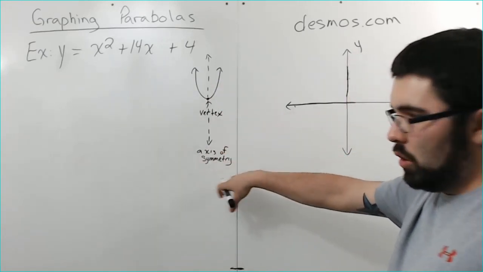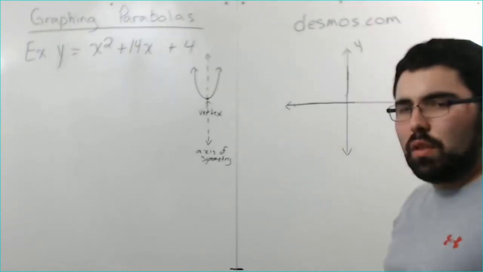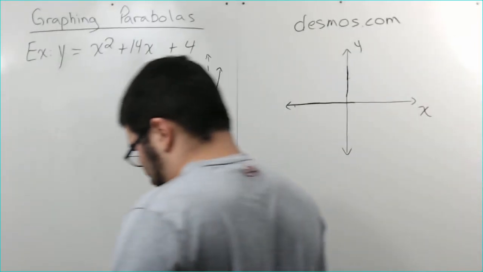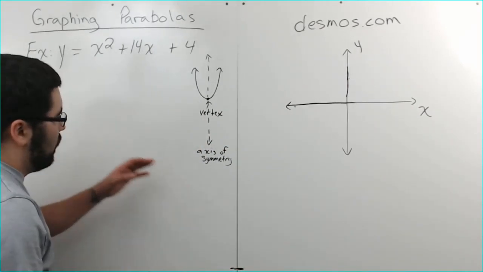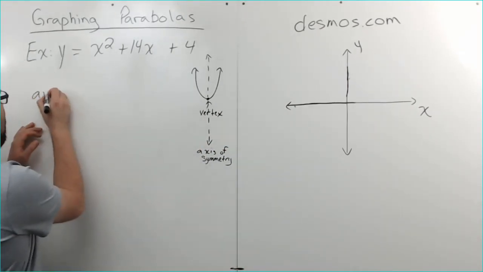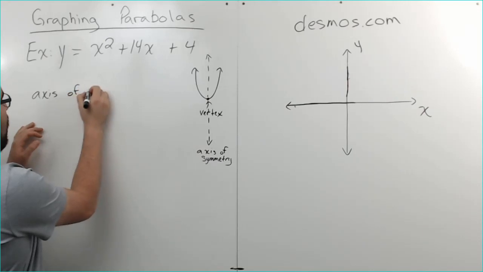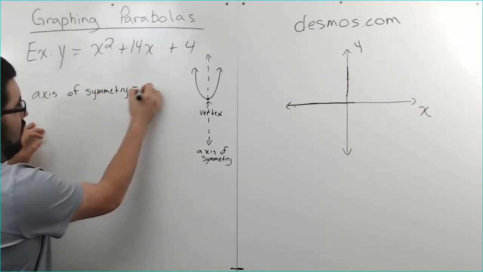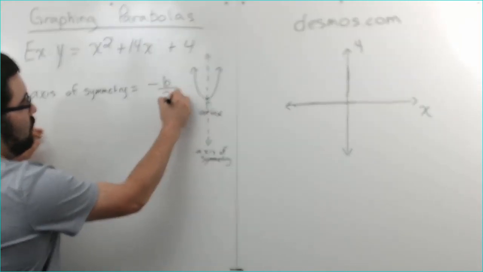This axis of symmetry that you see here, there's a formula for it that actually gives you the x value. So the axis of symmetry equals negative b over 2a.